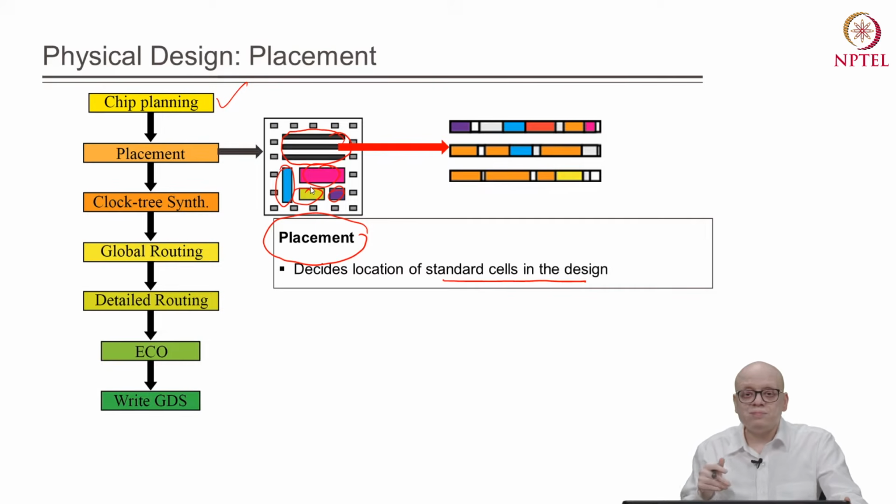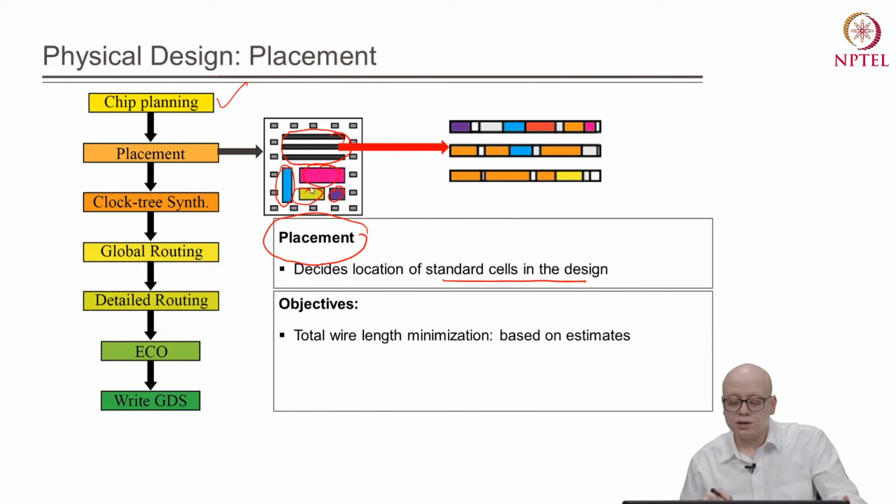But in the placement stage, automation is the only way, because we have a very large number of entities that need to be handled. So, when we do the placement, what are the important objectives that the tool must consider?